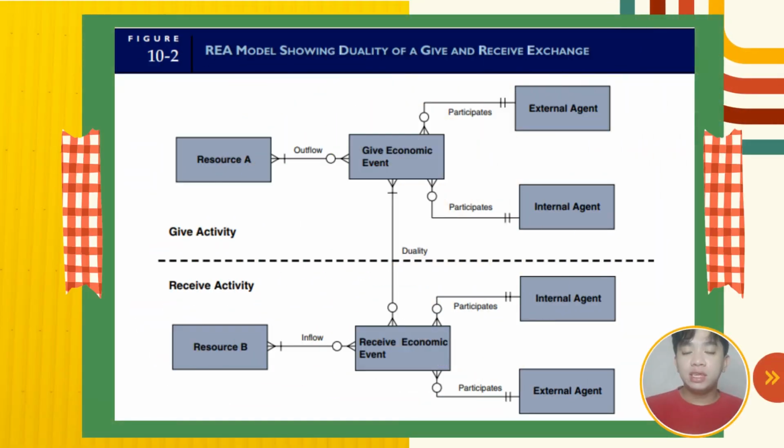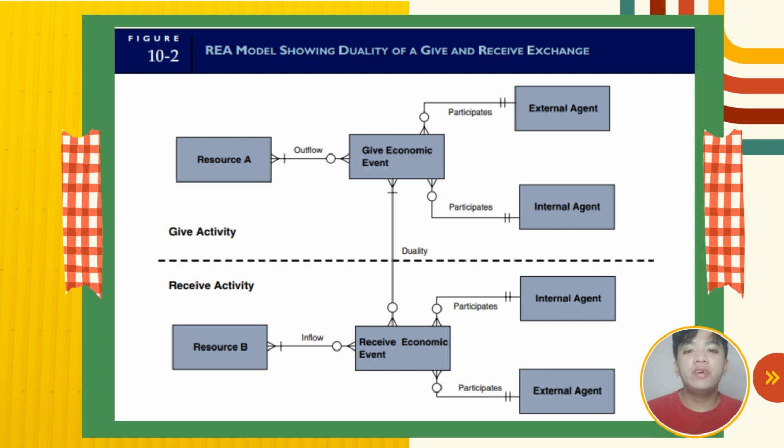Now let's move on to the slide that illustrates the REA model showing duality of a give and receive exchange. First is give activity. In the REA model, the concept of duality pertains to economic exchanges involving both giving and receiving. Let's delve into give activity within this duality, understanding its significance and representation.